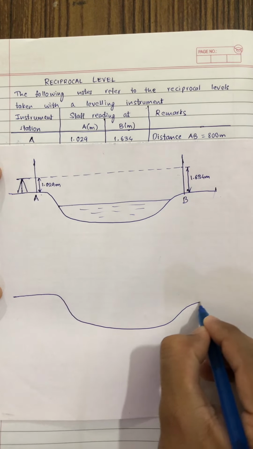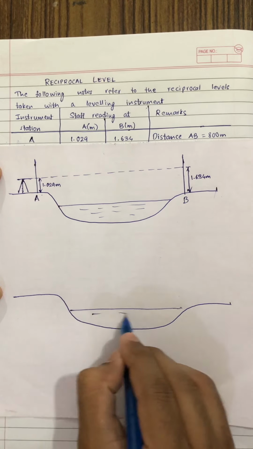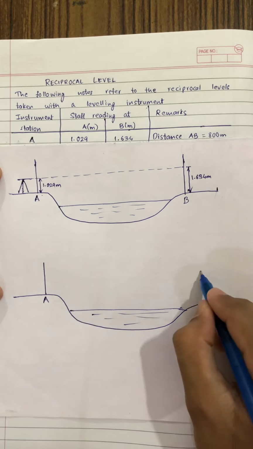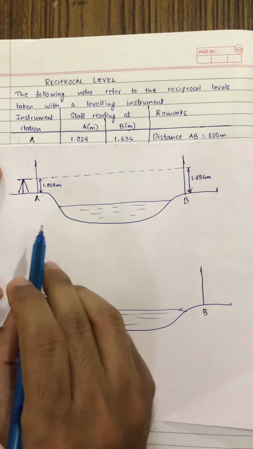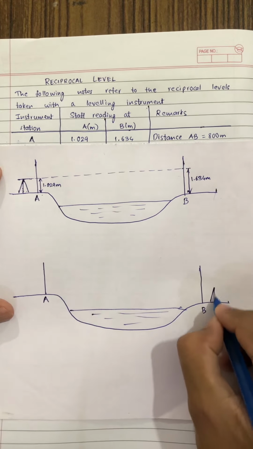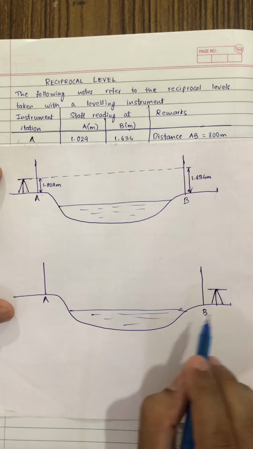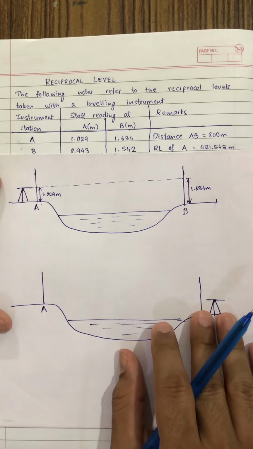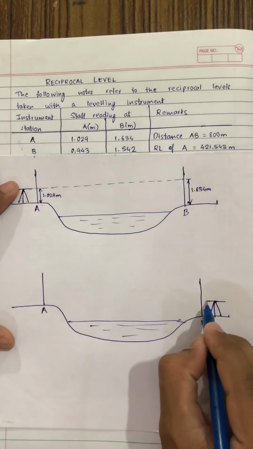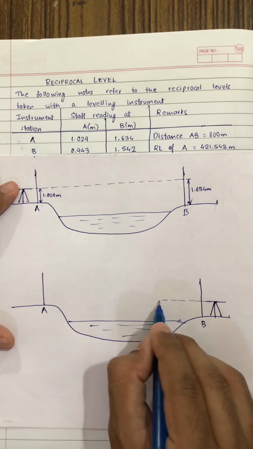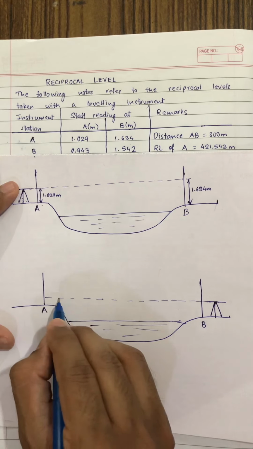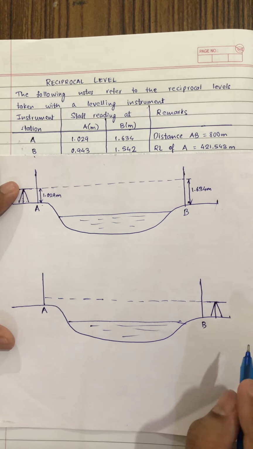the same area is there, and in the second setup, this is the river. The leveling staff is there at point A, and the other leveling staff is there at point B. What is done? The level instrument is shifted from A and it is kept very near B. So when the instrument station is near B, suppose these are the staff readings.